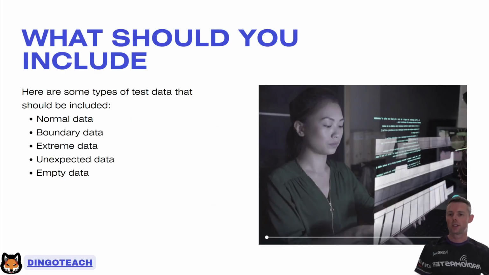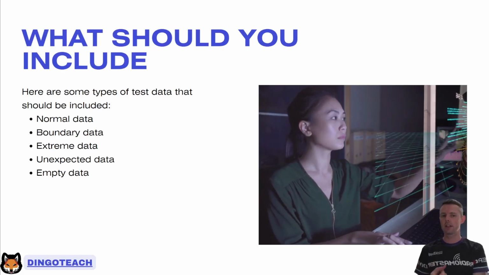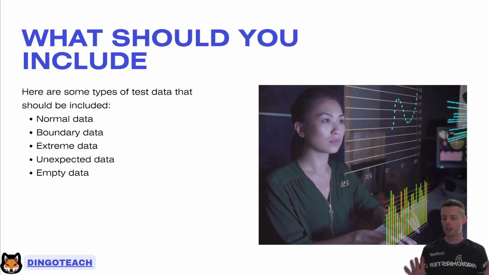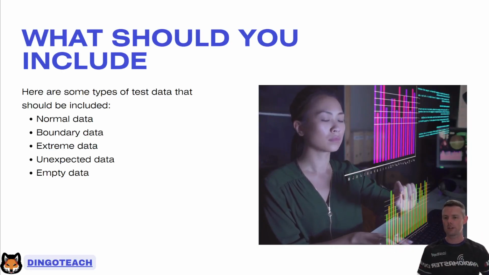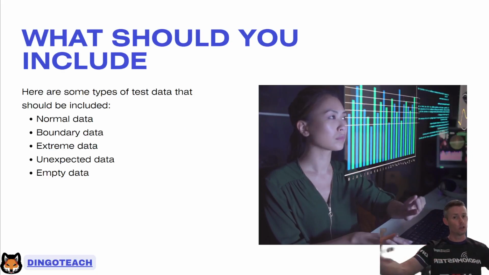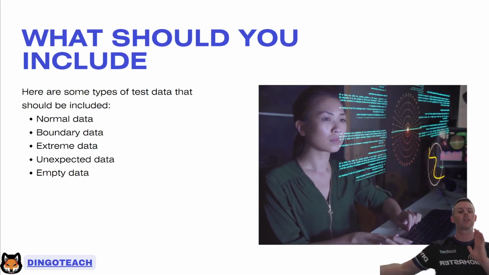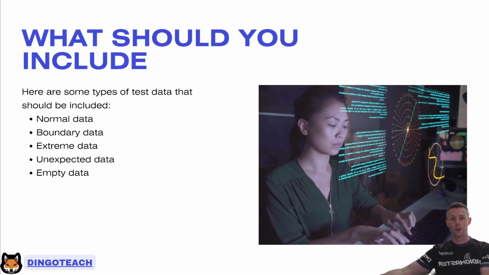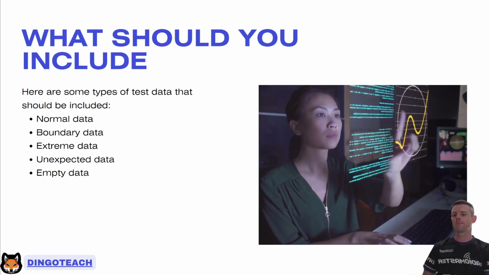Okay, so what should you include? When you are doing test data, you must include normal data. That's pretty straightforward. So you must include zeros and names and years and all that kind of stuff. You should include boundary values. So if you have an if statement or a loop that stops or the condition is based on a number, like value is less than 0, 0 is the boundary value because it's a boundary.